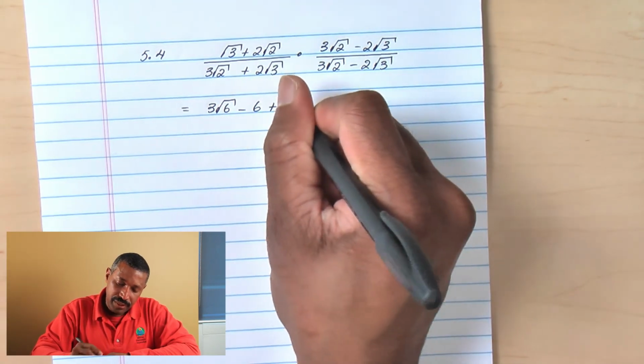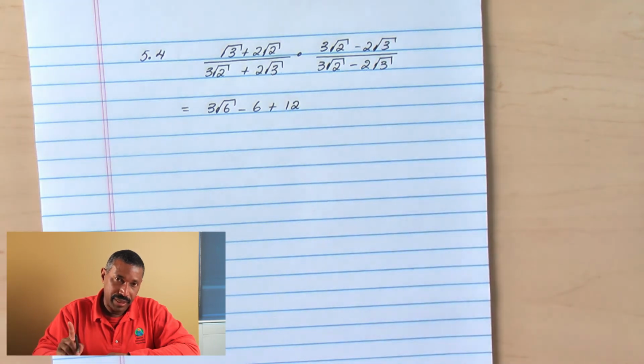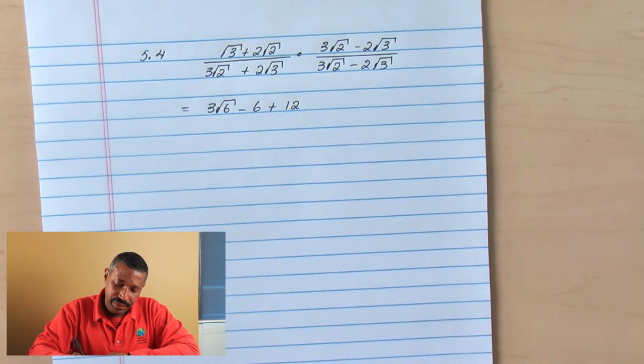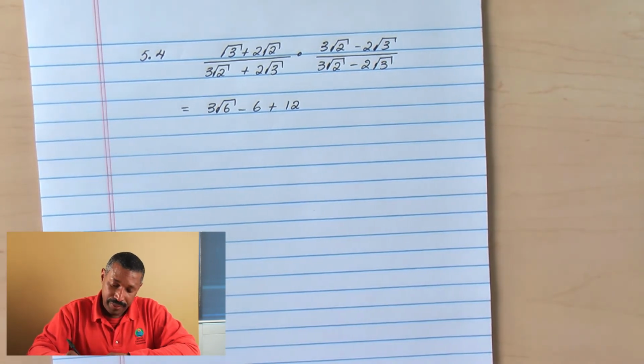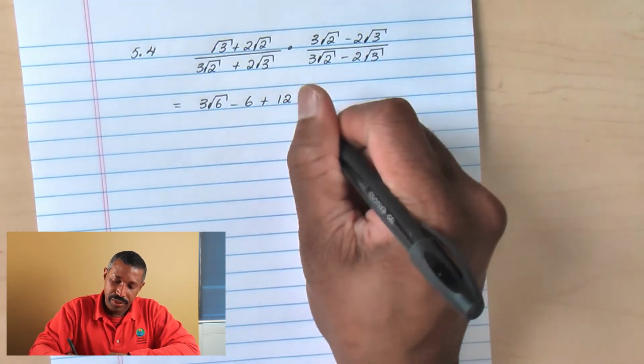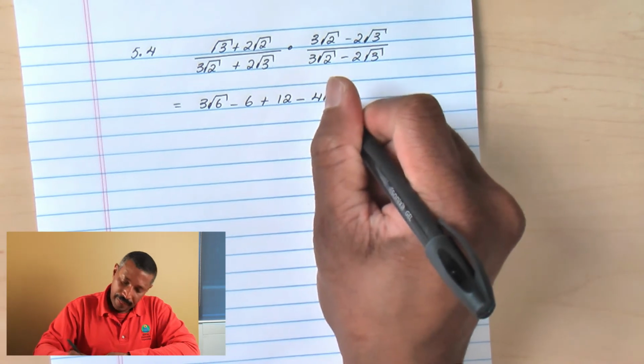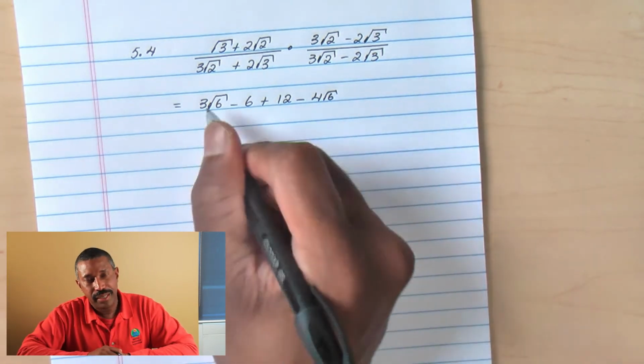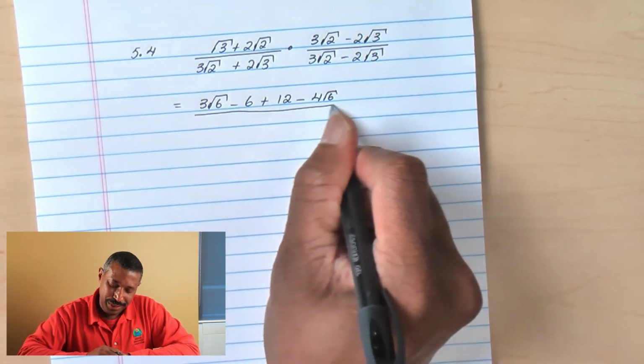And then you'll take the 2 root 2, multiply to the right, and that gives you positive 12, because the root 2 by root 2 is 2. And then 2 root 2 minus 2 root 3 will give you what? Minus 4 root 6.